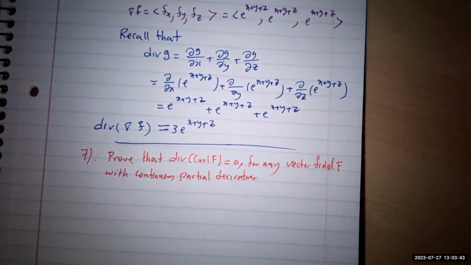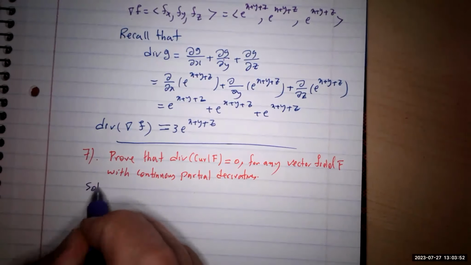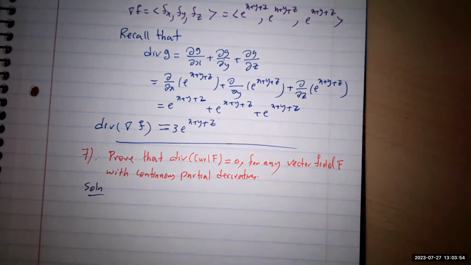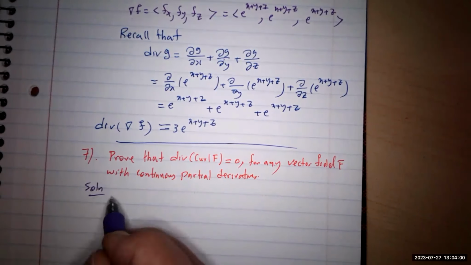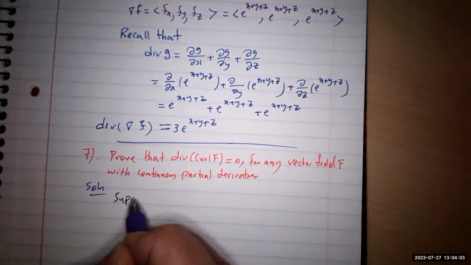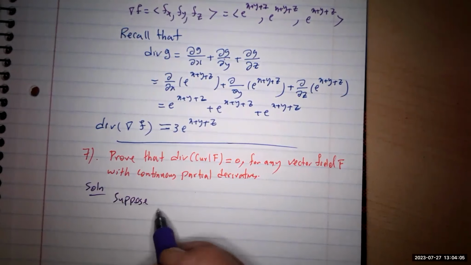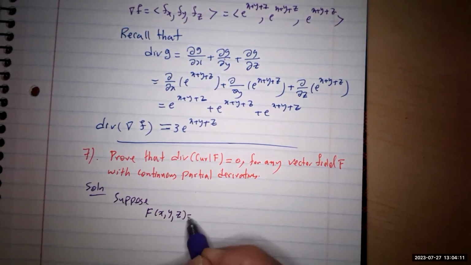Again, you have to have the formulas to be able to do it. You need the formula for the curl. So the solution is going to be, you cannot pick any special function. Your function must be a general one. So you suppose a vector field in R3 in general, F(x, y, z), no specific example.